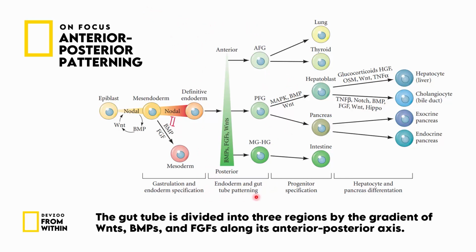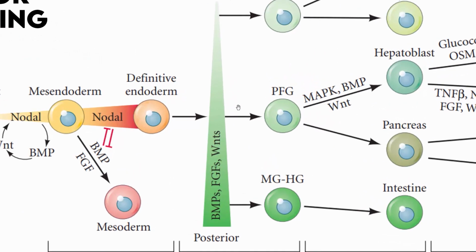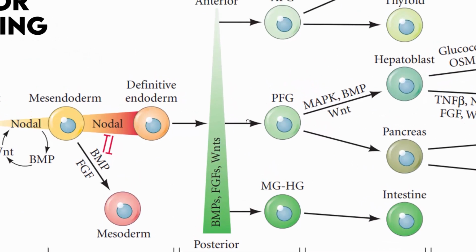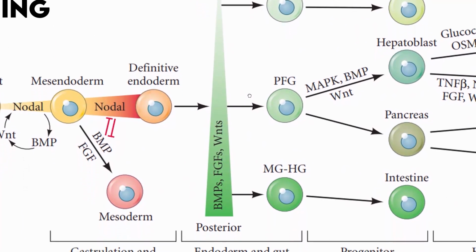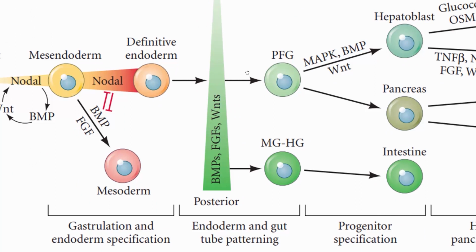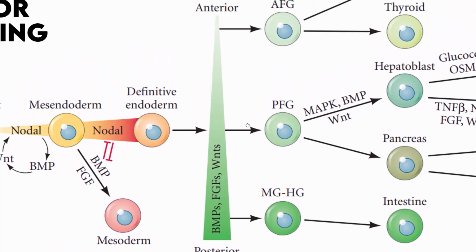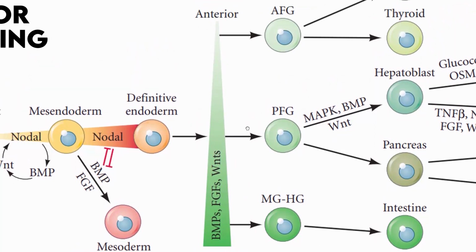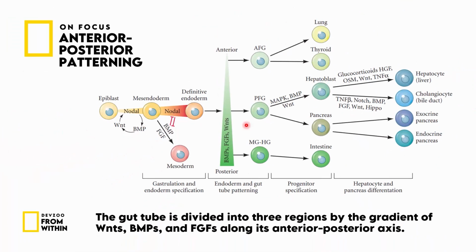In this figure, the gut tube is divided into three regions by the gradient of WNTs, the wingless-related integration site, the BMPs, the bone morphogenetic proteins, the FGFs, or fibroblast growth factors, and other paracrine factors, including retinoic acid. These are the paracrine factors that affect the differentiation of cells into different kinds of organs.